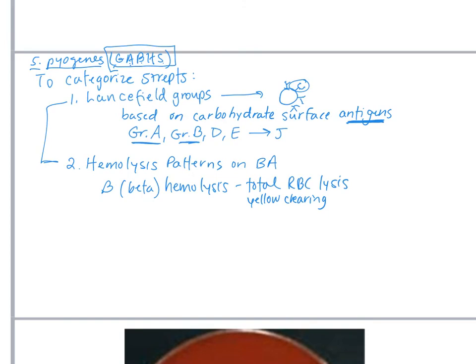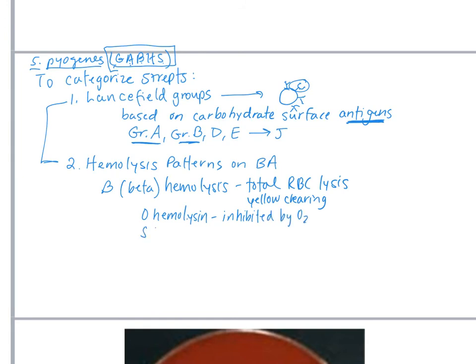Now, organisms that are beta hemolytic are beta hemolytic because they have one or two different hemolysins. If they have the O hemolysin, that means that hemolysin is inhibited by oxygen.